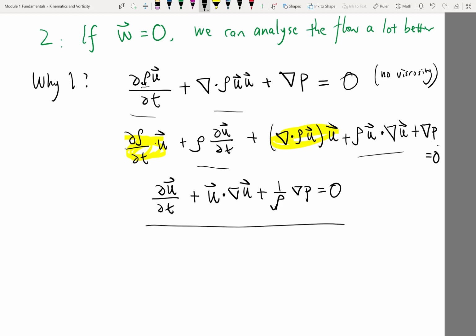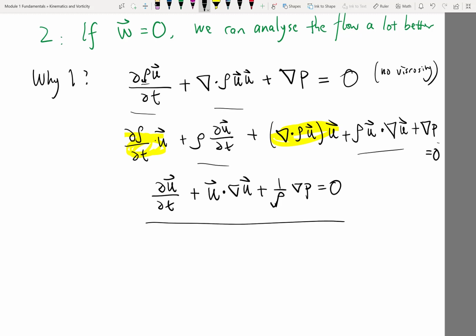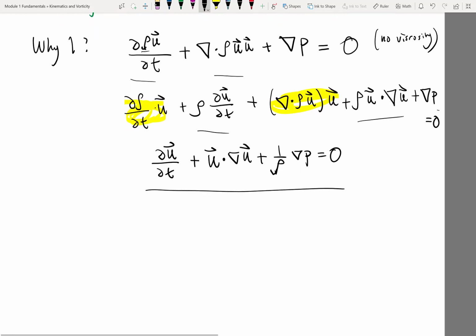Of course, this equation can be written as two equations. So let's do it very carefully, using no vector calculus notations like gradient, divergence and curl.